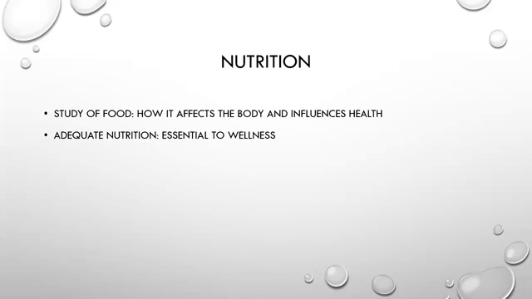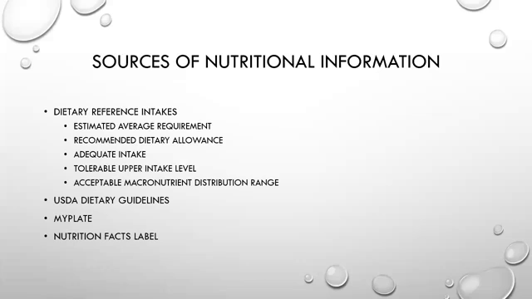Adequate nutrition is essential to wellness. Food can affect us in a variety of different ways. So we'll go over a couple of definitions here. Dietary reference intake. You don't really need to know a ton about this. You just need to know the difference between them, kind of what they are in general.